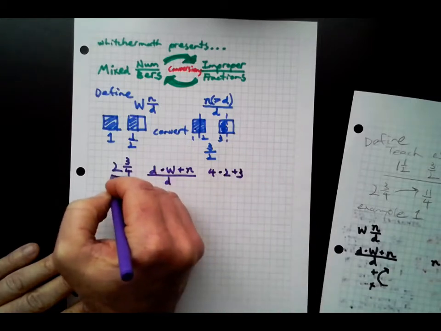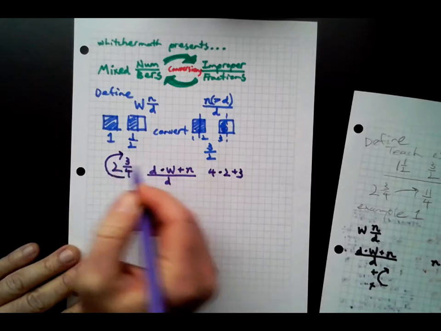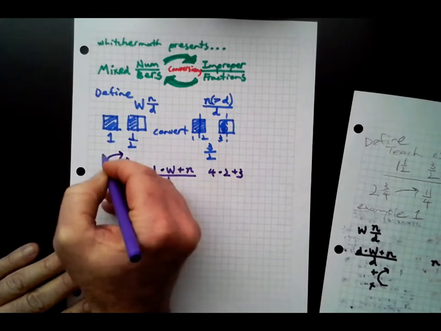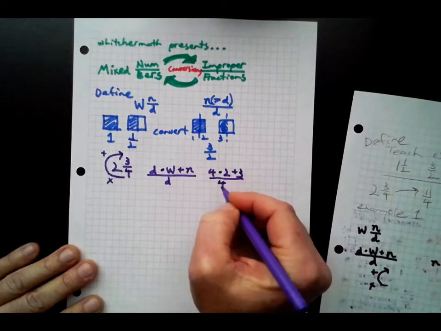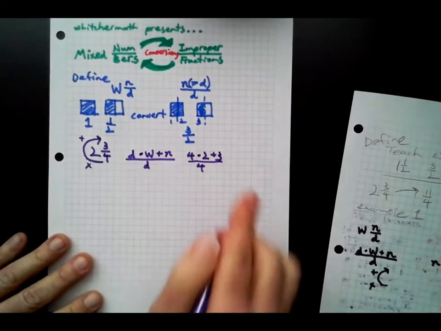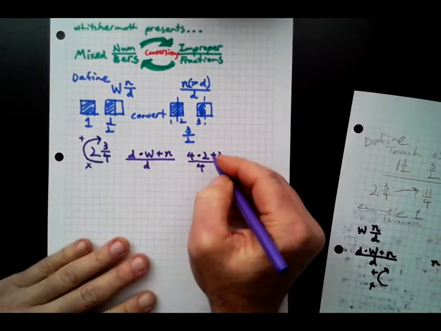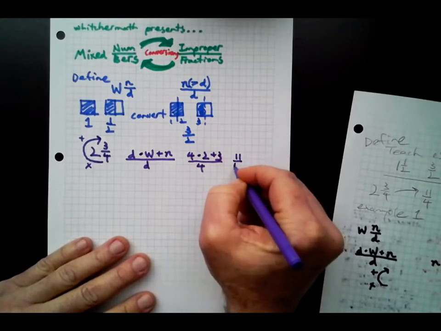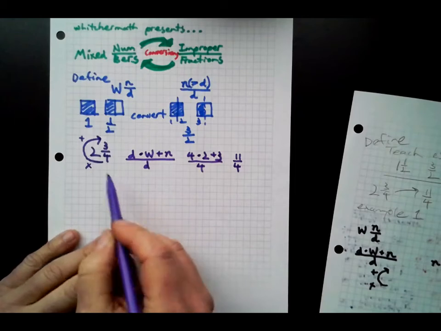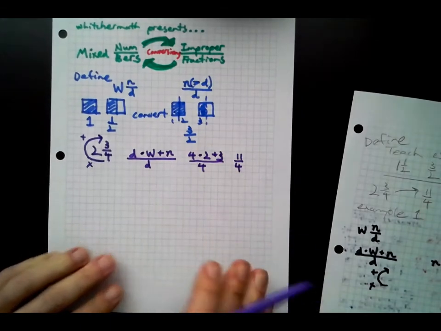And you can picture that going around a clock like that. We're going to multiply down here, add up here, and we're going to keep the 4 on the bottom. So 4 times 2 is 8, and then we add 3 and we get 11, and we keep the 4. There, we converted 2 3/4 to 11/4.